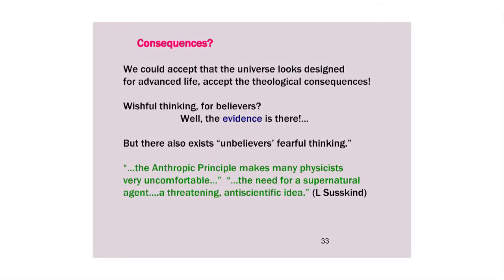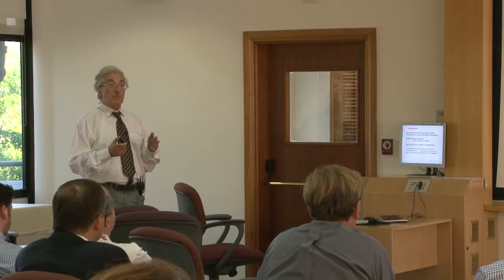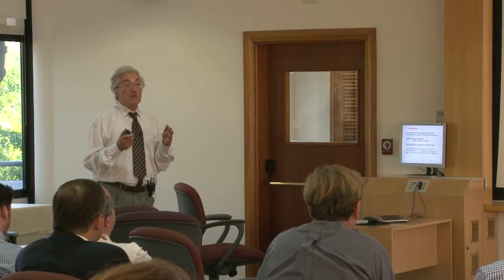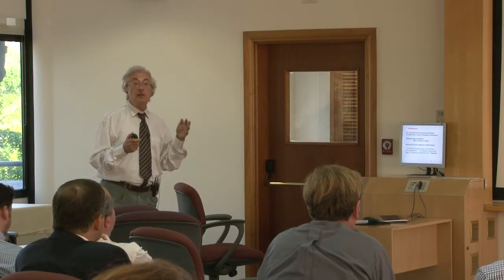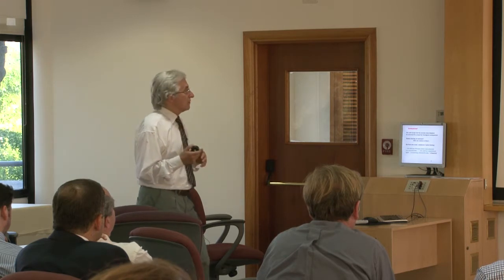The evidence is that we've got all these constants that are roughly right. It's a cumulative case. Difficult to put precise numbers into all of this, but cumulatively, as I said, most physicists and cosmologists are convinced that there's something there.